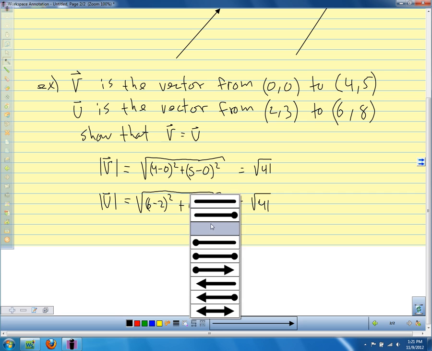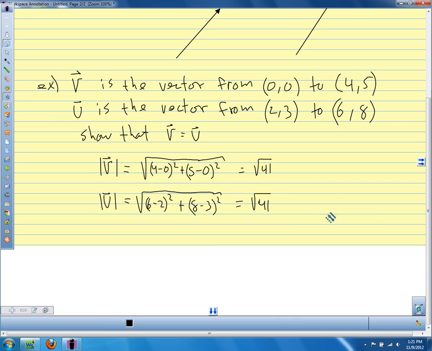If I draw two vectors here, and let's say that's u, we know they're the same length, and if these two vectors are going in the same direction, what does that say about these two segments? How are they related? They're parallel. If they're parallel, their slopes are the same.